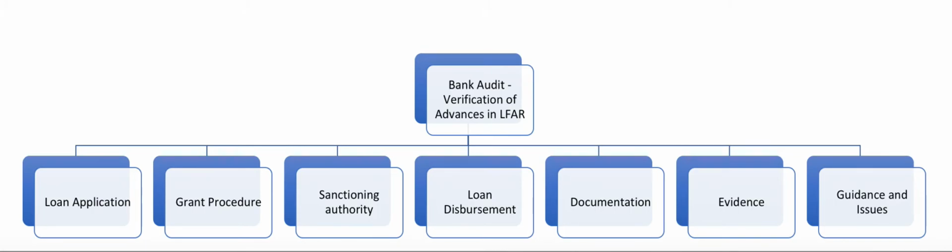The next one is documentation. Banking procedures usually have a lot of documentation. These days it's all become online, but still the paperwork can't be avoided. The documentation should be abided by, and all the paperwork should be properly secured and maintained by the loan officer.